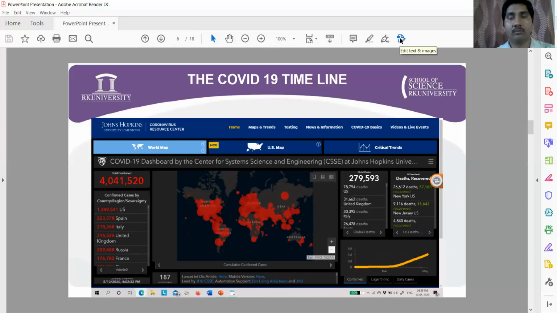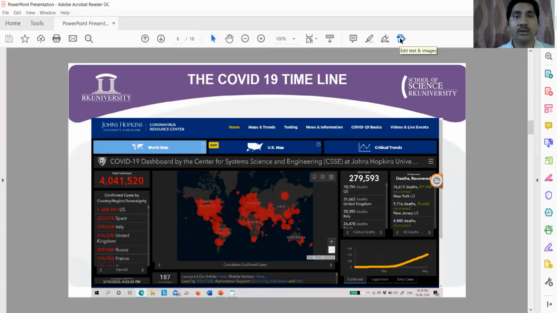As of now, and you people are aware of that every day, the whole world has come into the grips of this coronavirus infection. And as I told earlier, today when we are discussing, I have the data in front of your screen of yesterday, that is 10th May 2020: 40 lakh 41,520 people were infected with the disease, confirmed cases, and globally 2 lakh 79,593 deaths have been reported as of now, and this is not the end.